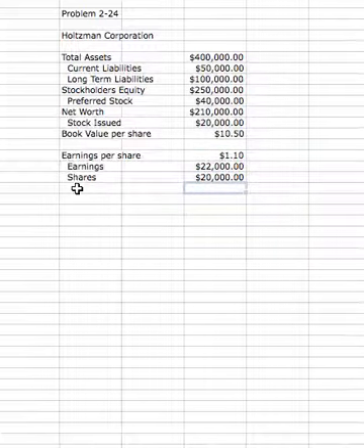Now we're given the PE ratio. It says the PE ratio is 18 times the earnings per share. What's the price of the stock?